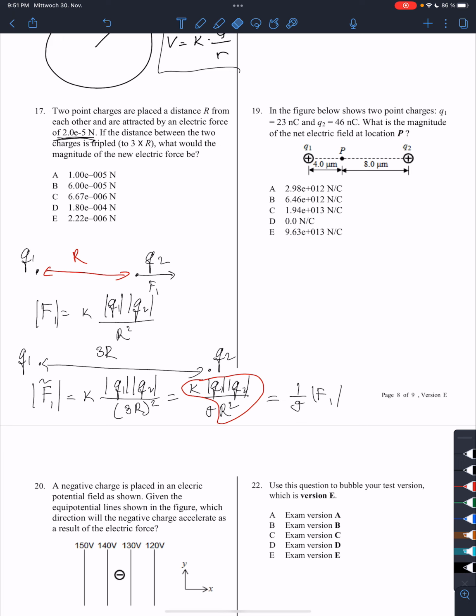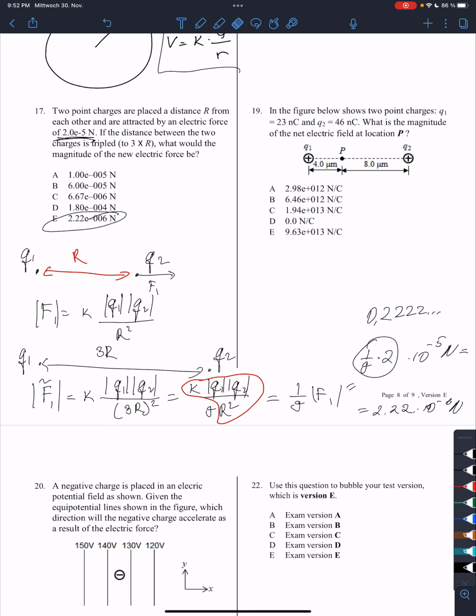So I have 1/9 times 2 times 10 to the negative 5 Newton. That combination I know is 0.2222, so in other words it is 2.22 and so on, times 10 to the negative 6 Newton, right? So that's this answer.